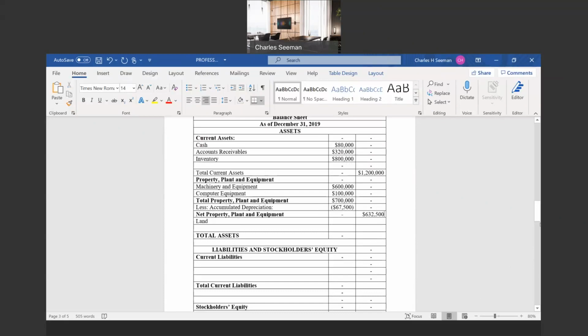Okay, land is not depreciable. So the last part of the asset section is other assets like land. You're going to learn about goodwill, those kinds of things all go in other assets. Since I only have one other asset in this case, I don't have to put the caption other assets.